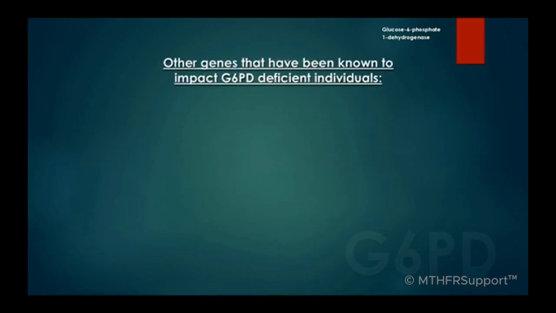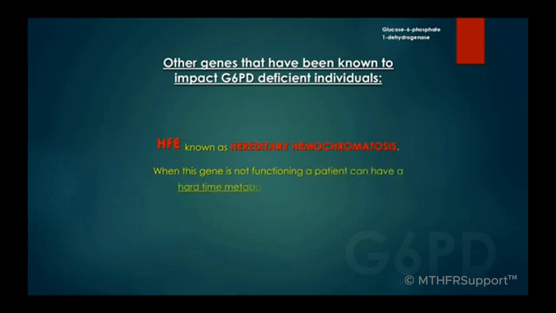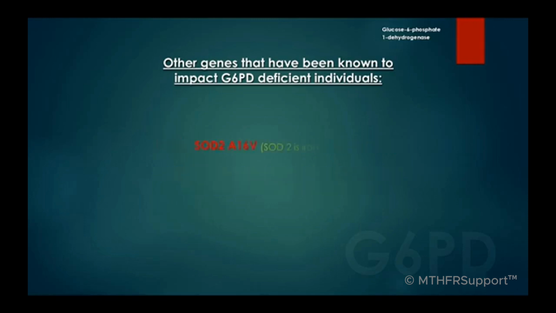Other genes that have been known to affect G6PD deficient individuals are HFE, known as hereditary hemochromatosis. When this gene is not functioning, a patient can have a hard time metabolizing iron from the liver. SOD2 A16V is iron binding.